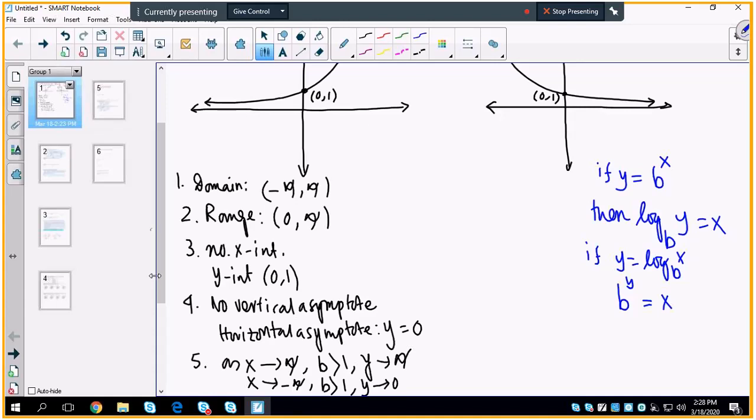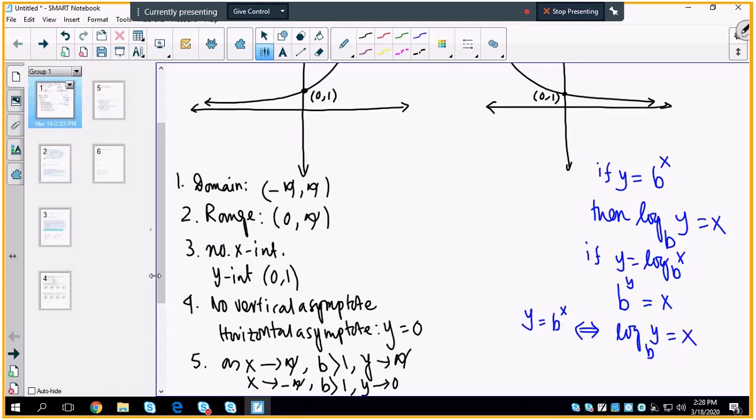So y equal to b to the power x implies in the logarithmic form log of y to the base b is equal to x, and if you have log of y to the base b equal to x, then you come back to the exponential form y equal to b to the power x. Now this mirror imaging of exponential and logarithmic functions will be understood a little better when we start talking about the graph of the logarithmic function.